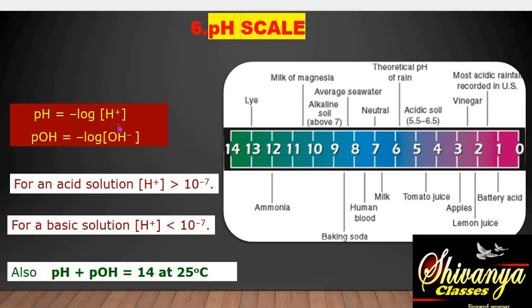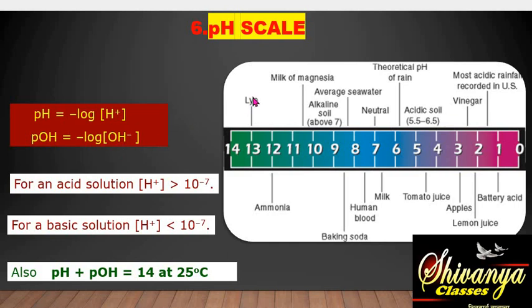In simple words, if the concentration of H plus ion is higher, the solution becomes acidic. If the concentration of OH minus ions is higher, the solution becomes basic. And when it is equal, the solution becomes neutral.